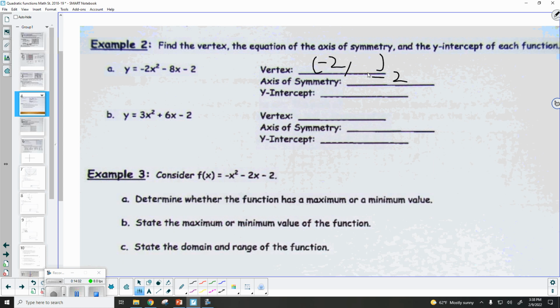The vertex for this one? Oh, got it right here. Let's see here. For 2A, I got 6. Okay. 6. Oh, yeah. And then it's for the y-intercept.